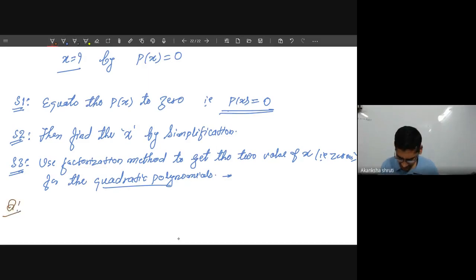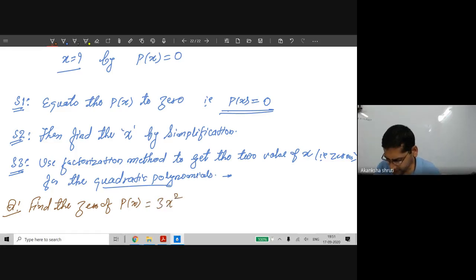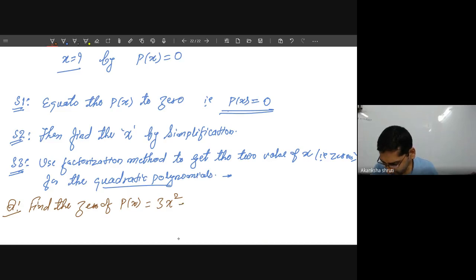So this we will see later how to do this for the quadratic, but let us take few simple examples. Question is that, find the zero of polynomial px is equals to 3x square minus 12 or plus 12, or let us take the simple one rather than a squaring.